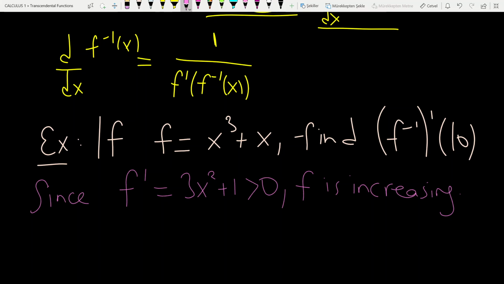So it is an invertible function. So the question is meaningful.